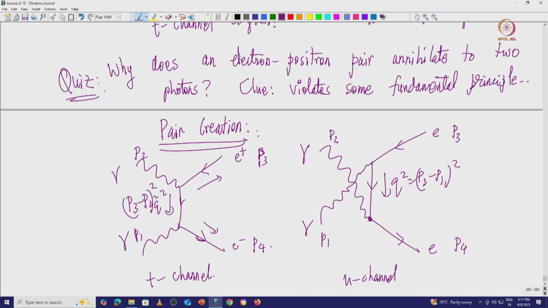Good. Now that we have seen these things, in which the photon is dynamical, we can think of the properties in which the photon is not dynamical essentially. Let us think of some simple process.